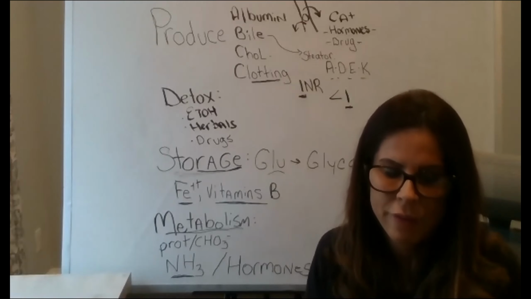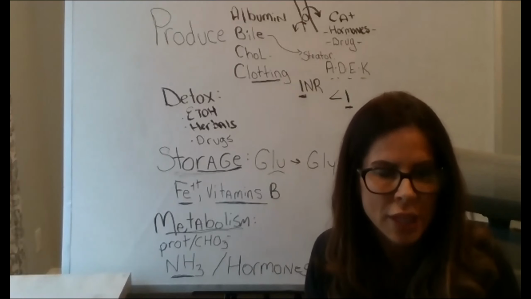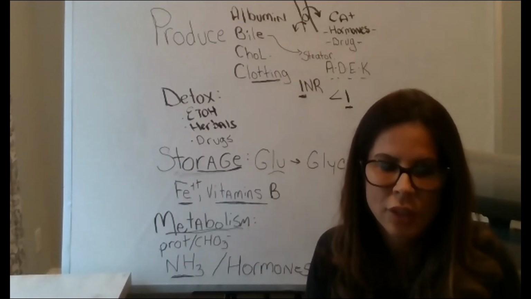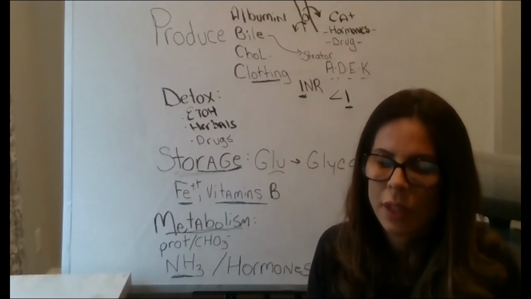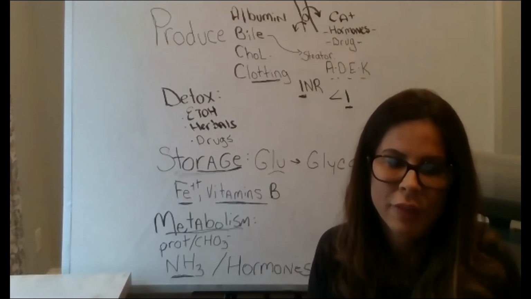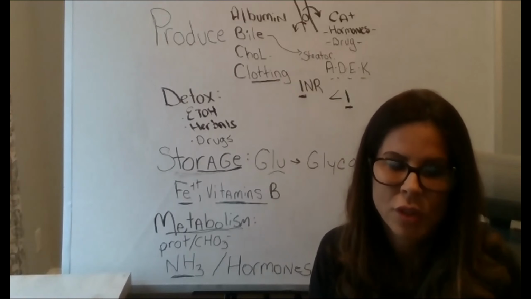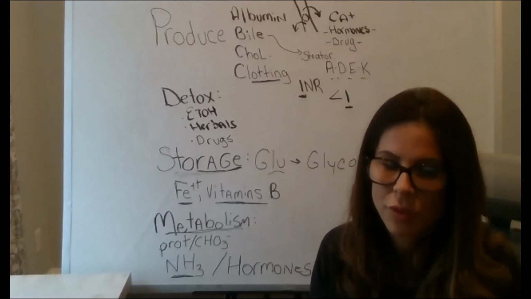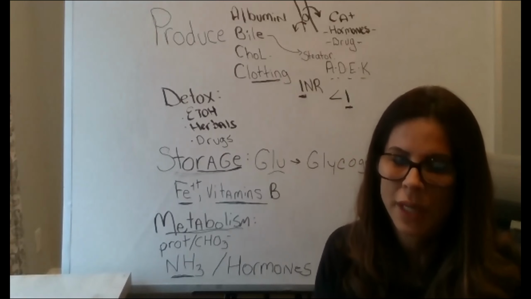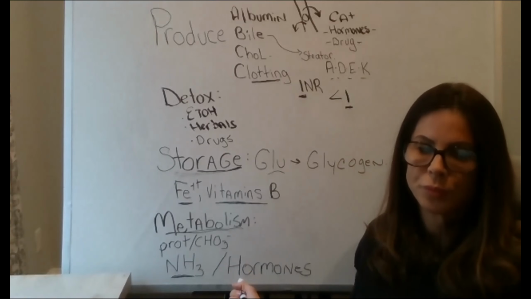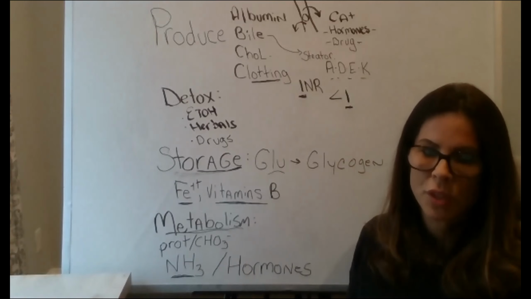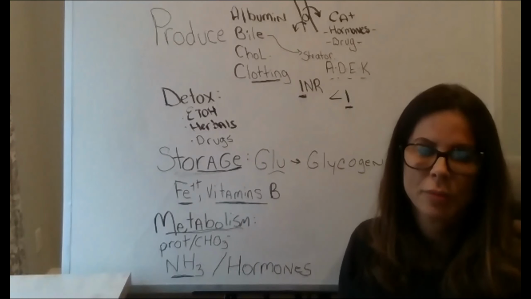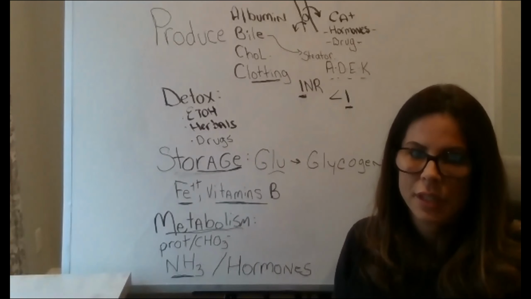They'll start to have things like amenorrhea, or changes in their menstrual cycle. And also, of course, they'll have loss of sexual function too. They'll have difficulty with sexual desire and things like that. So these are things that we see in different genders of patients because of the hormone disruption or hormone metabolism problems in liver disease.